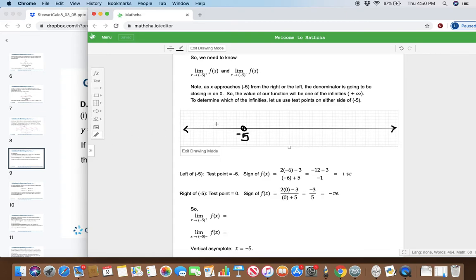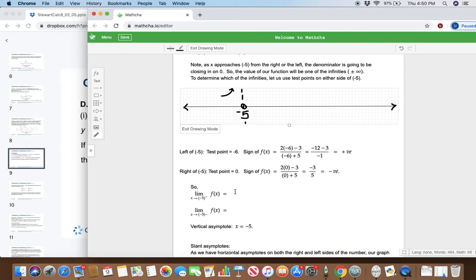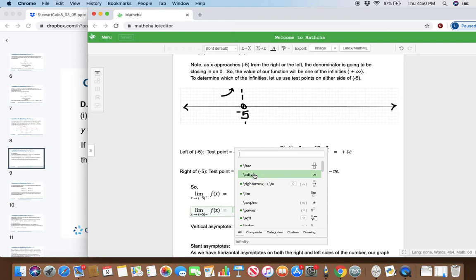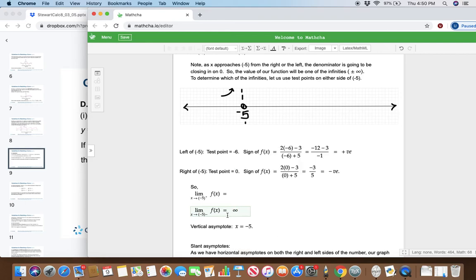This is a vertical asymptote. This was the left-hand limit, right? So the left-hand limit is going to give me positive infinity.